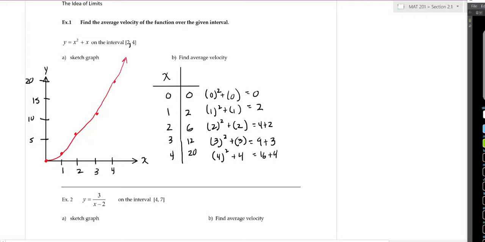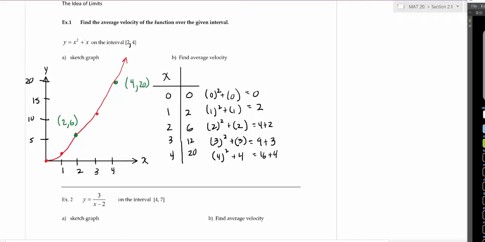Okay. So what we're going to do is find the average velocity on the interval 2 to 4. So what we're interested in is this point and this point. I'm going to go ahead and label those. This point right here is the point (2, 6). And then this point right here is the point (4, 20).